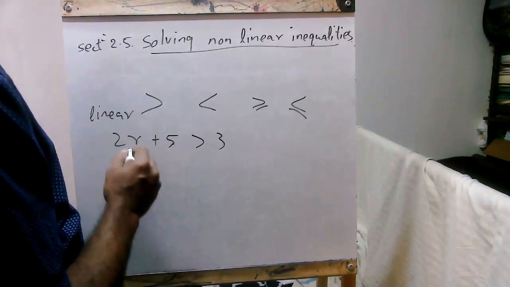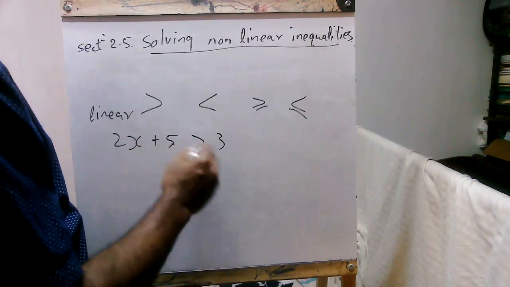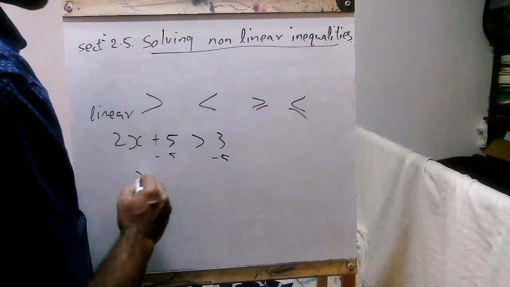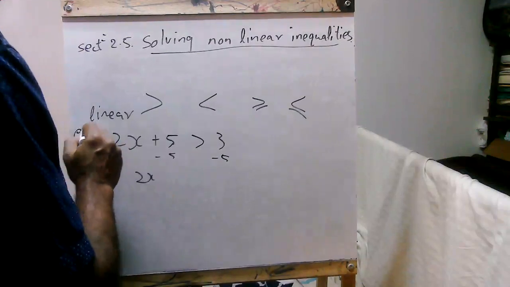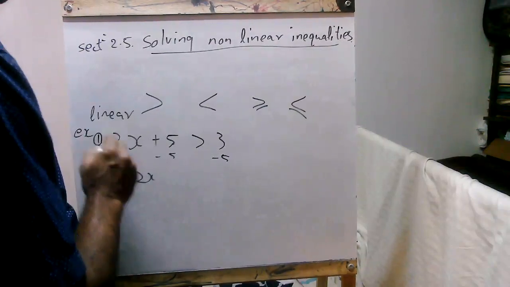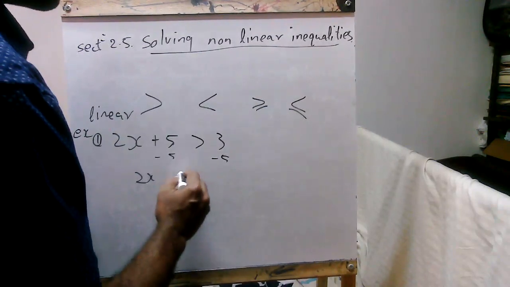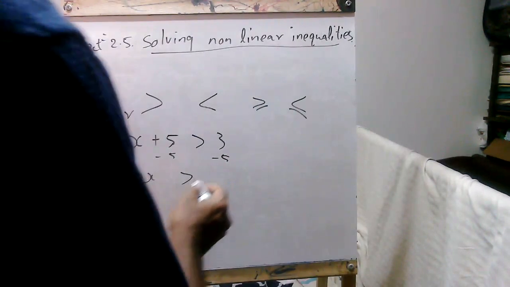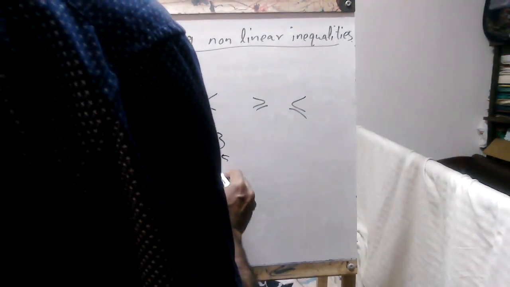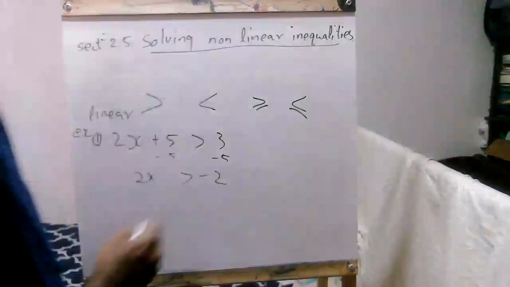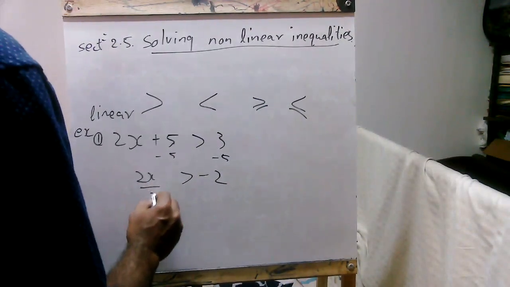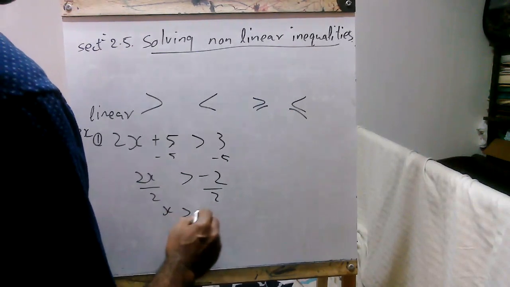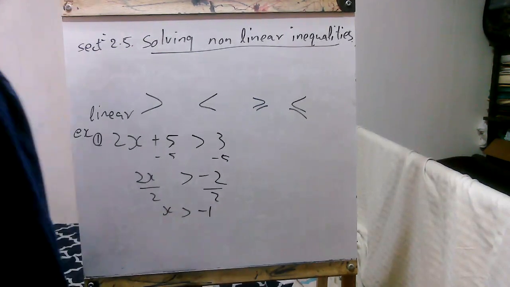you isolate x. Minus 5, it gives us 2x greater than negative 2. This is an example. Divide by 2, you get x greater than negative 1.